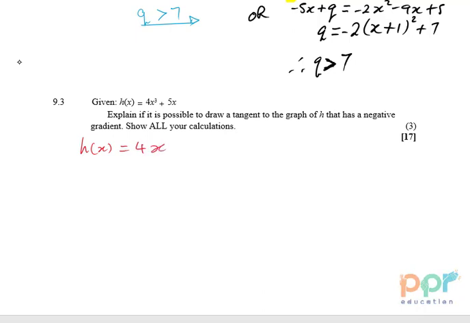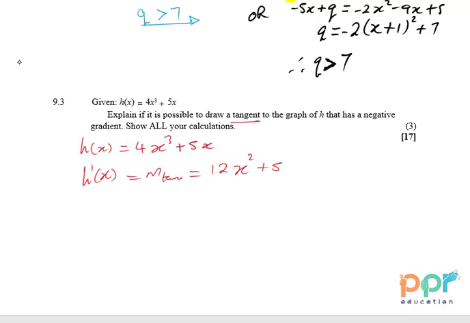I've got 4x cubed plus 5x. Then I need to find the first derivative, because the first derivative will give me a gradient of a tangent. So the first derivative of h with respect to x is equal to the gradient of the tangent. So we go 4 times 3, 12, x to the power 3 minus 1, 2, 5 times 1 plus 5.